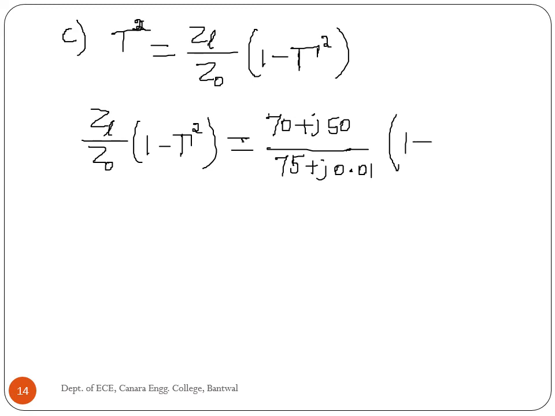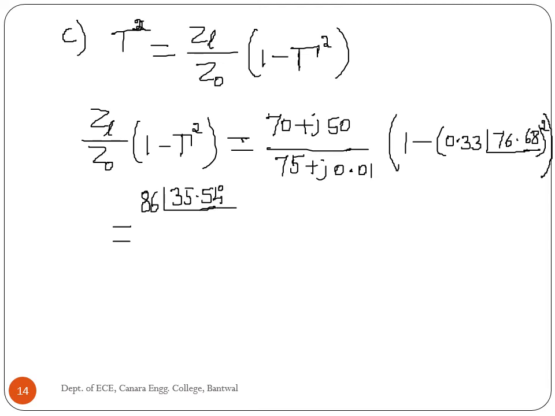1 minus gamma square is 1 minus the square of 0.33 angle 76.68. 70 plus j50 in polar form is 86 angle 35.54 degree, divided by 75 plus j0.01, whose polar form is 75 angle 0 degree.